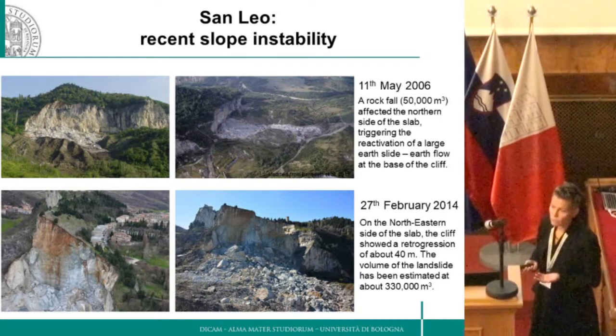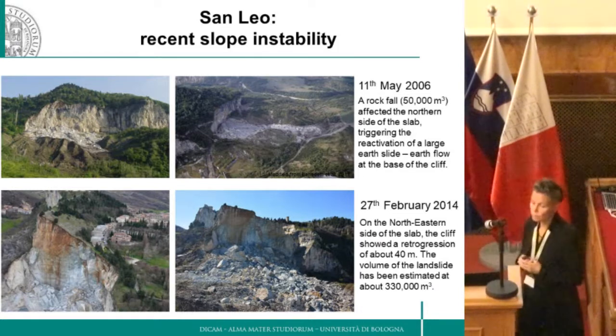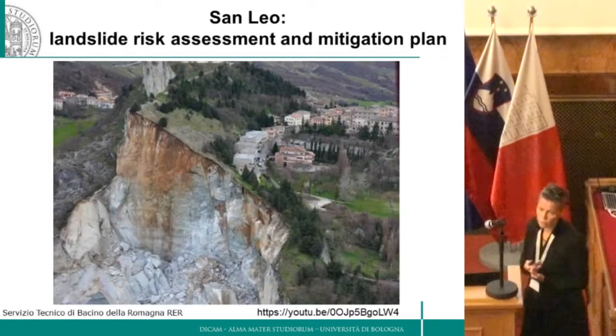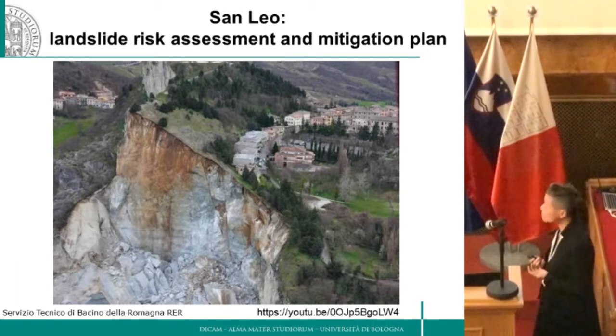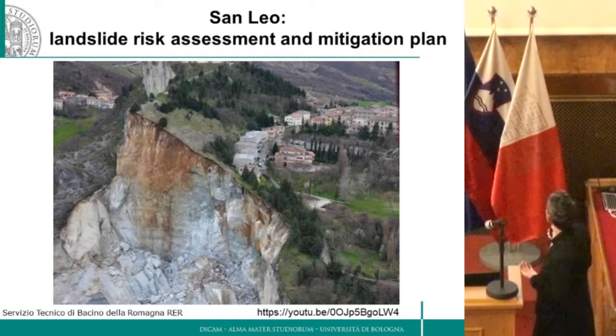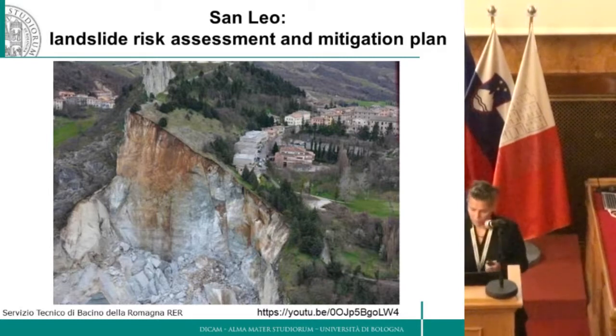After this very big event, Emilia-Romagna region set up a landslide risk assessment and mitigation plan, which we had the possibility to collaborate in. And if you want to have a look at some very nice videos, you can search on YouTube, and there are very nice videos and pictures about the landslide.